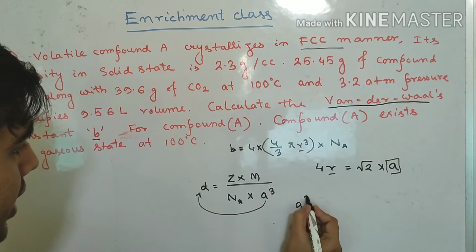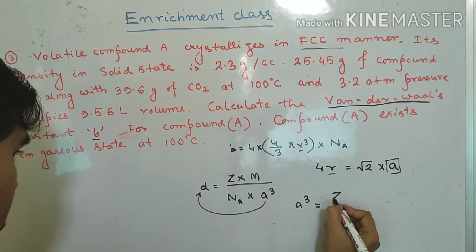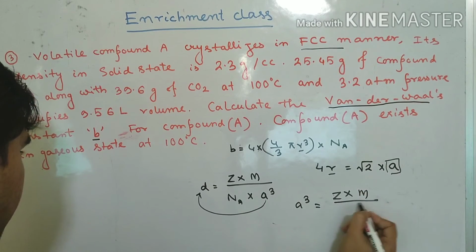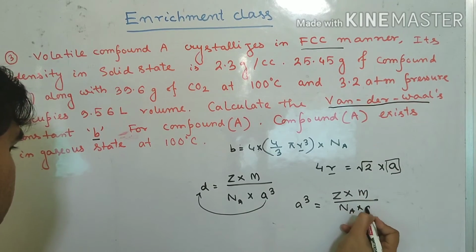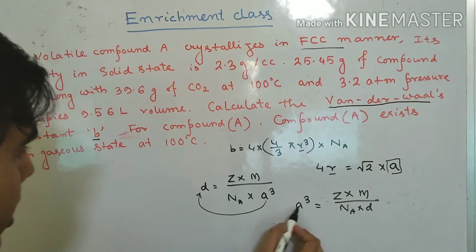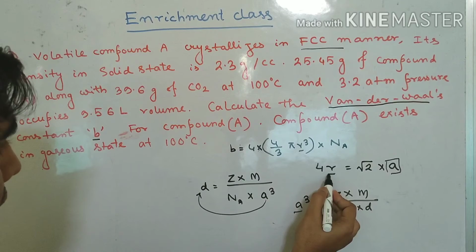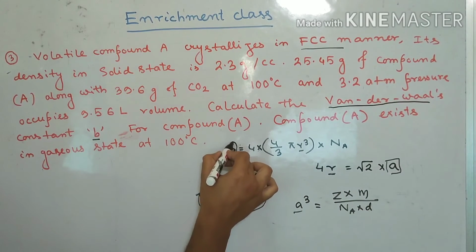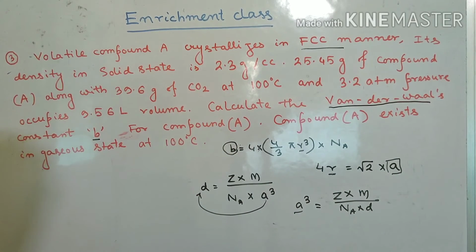We will be using A cube is equal to Z into M divided by Na into D. Density is given, molecular weight is given, and we'll see the rest of the things. Main thing is we have to get A, then only we can get R, and if we get R, then only we can get this small b, which is the van der Waals constant.